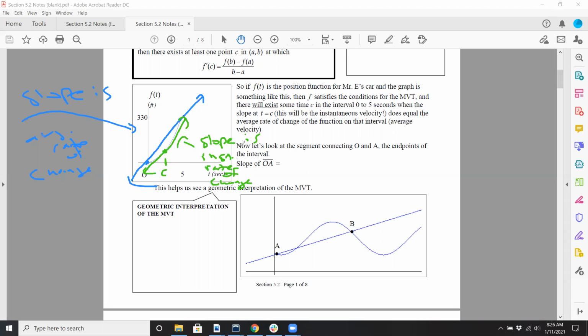If I found the slope of OA, well, that's easy. That's just 330, O's right here, the origin, minus 0 over 5 minus 0, which is going to be 66 feet per second. We already did this before.